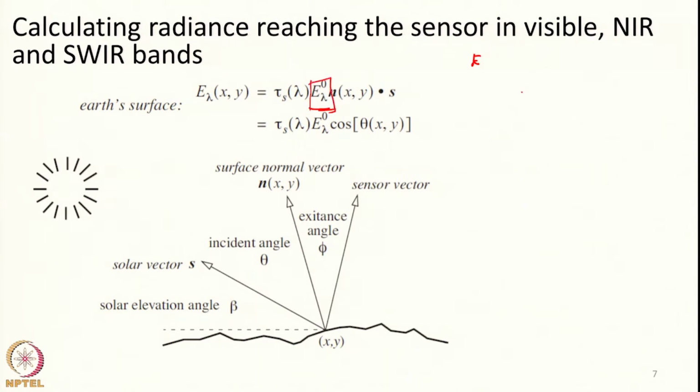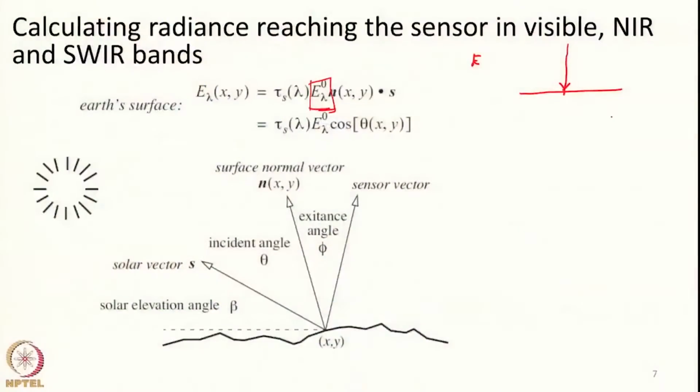If the surface is flat and the sun ray comes in perpendicular to the surface, no problem, everything will come in together. But normally most of the Earth surface features are not flat, and also not every time will the sun radiation come directly from overhead, perpendicular to the surface. Most of the time it will be coming in at an angle.